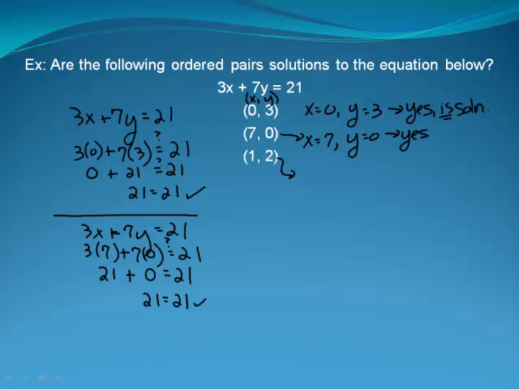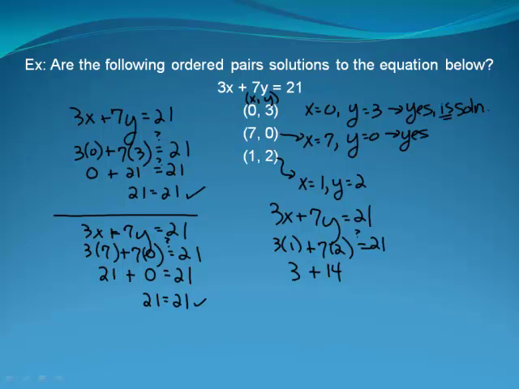Okay, this third ordered pair, we're going to let x be a positive 1 and y be a positive 2. Take your equation, put those values in. So we've got 3 times 1 plus 7 times 2. The question is, are those two sides equal? 3 times 1 is 3, plus 7 times 2 is 14.